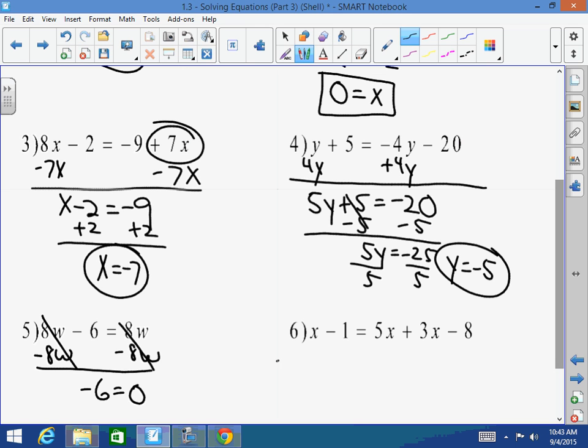Thank you. X can equal 0. It's a variable. X can equal any number it wants to equal. However, does negative 6 equal 0? So whenever you have a false statement, you simply put no solution.